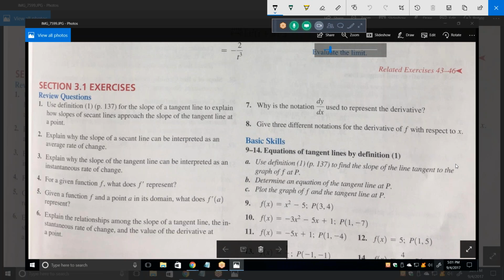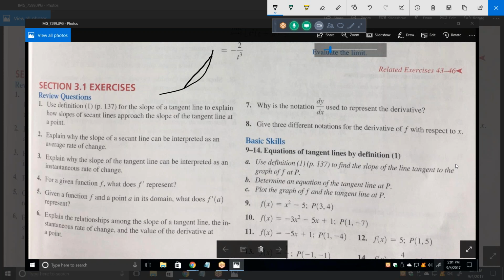The slope of the secant line, if I have a function, I'll just explain it to you. There's the secant line, okay? That's also the same as the average rate of change.